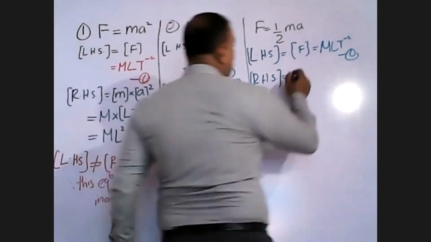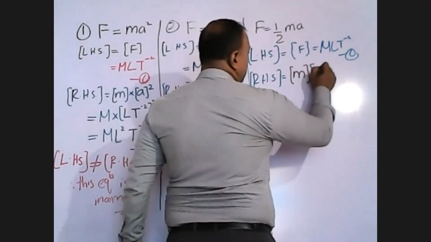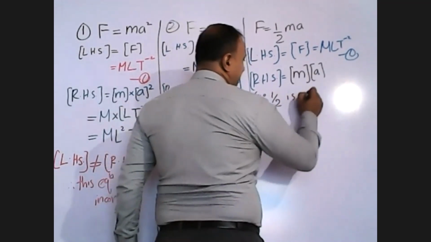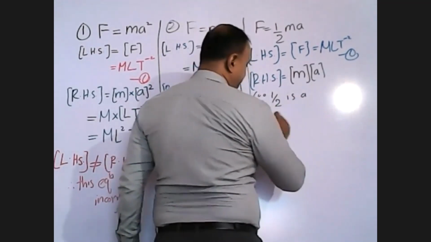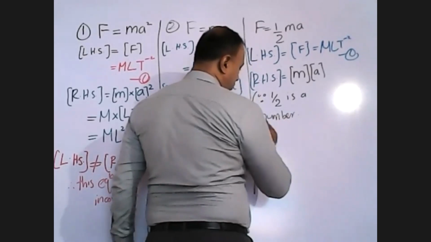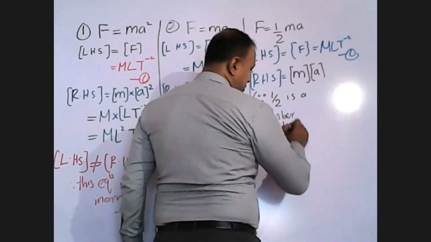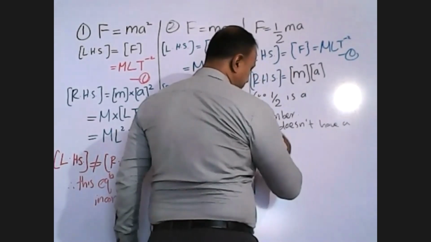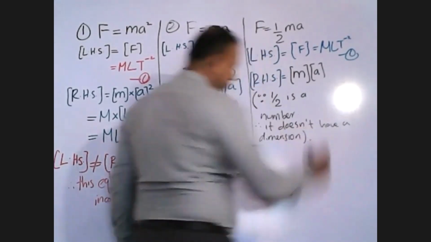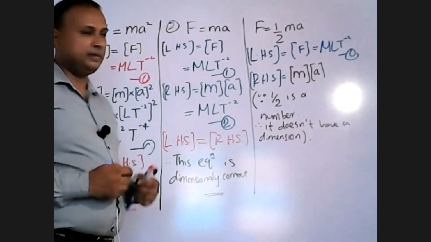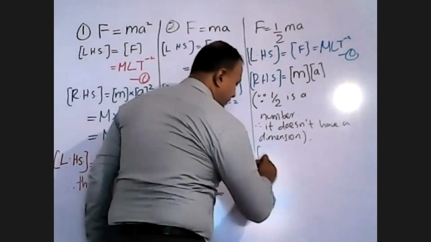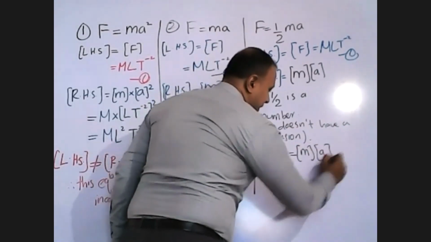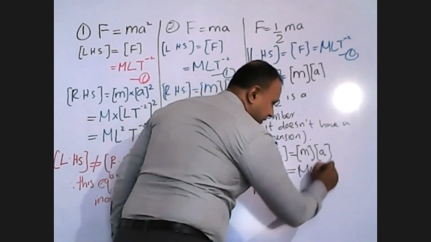The dimension of RHS is equal to the dimension of M times the dimension of A, and that is MLT^-2.